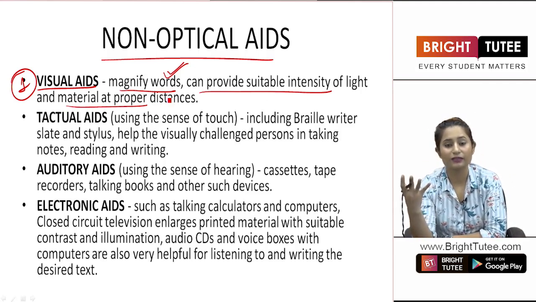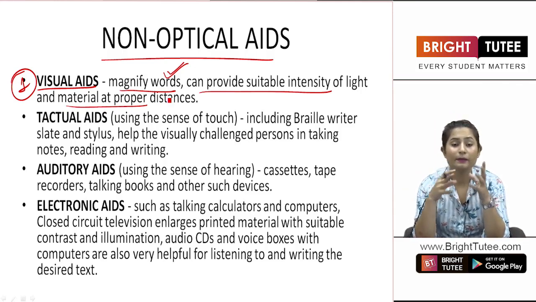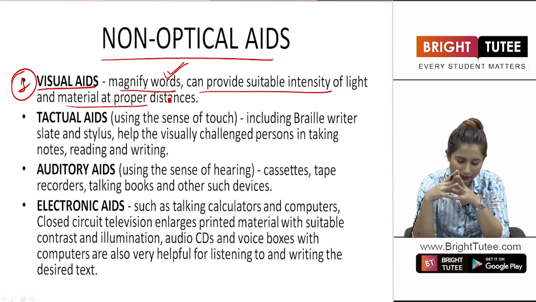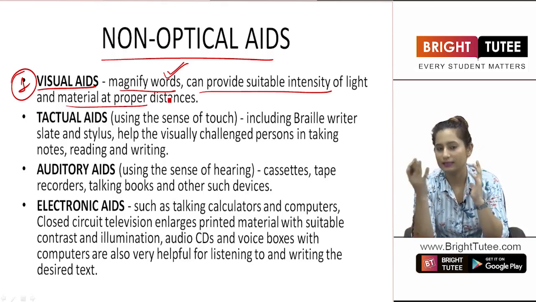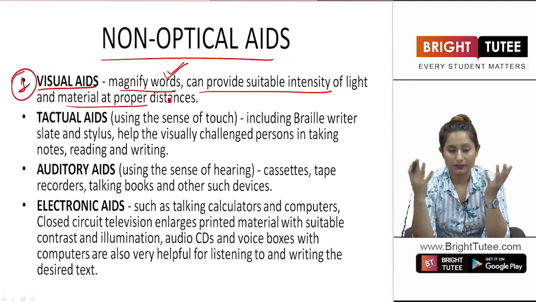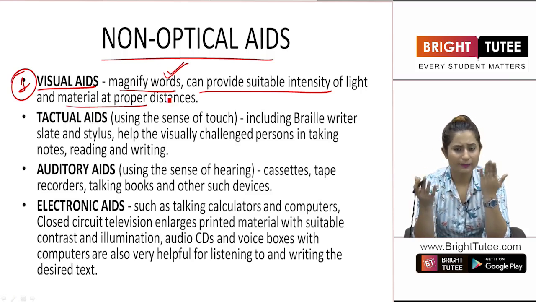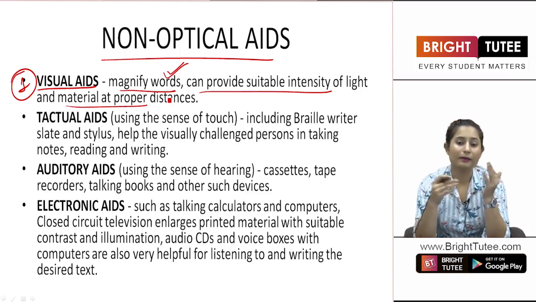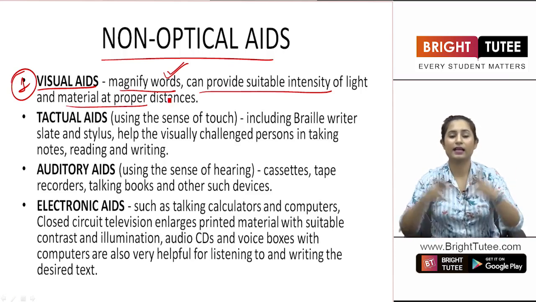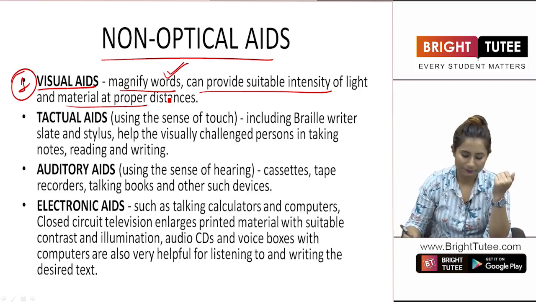You must keep the intensity of the light good, and the object must be kept at a proper distance, and by magnifying the text you are basically enhancing the possibility of the person to look at the text.